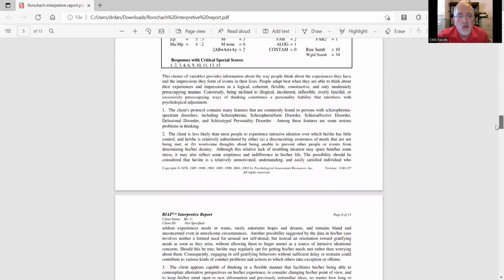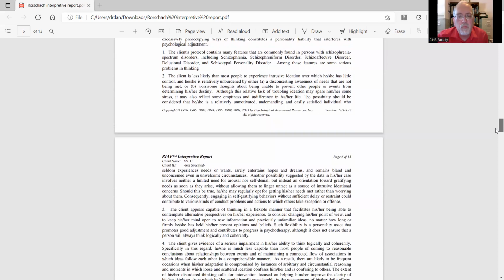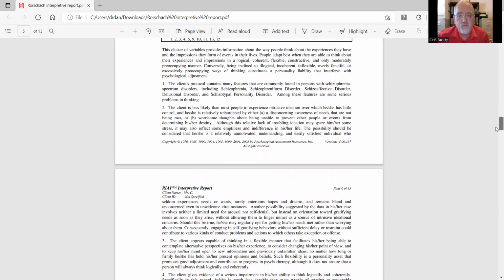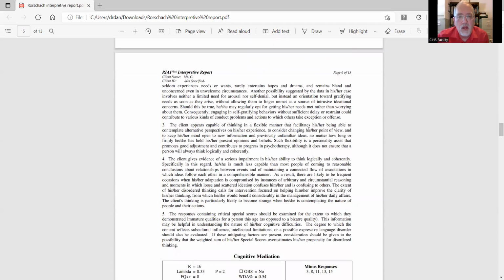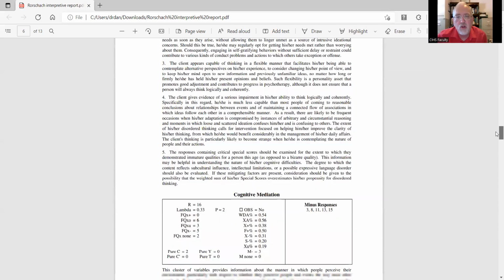And so there's a whole bunch of other things here. Person is capable of thinking in a flexible manner, but it shows possible serious impairment in his ability to think logically and coherently. So they can be flexible, but not necessarily logical. And so that's just some examples of what you pull up from the ideation.